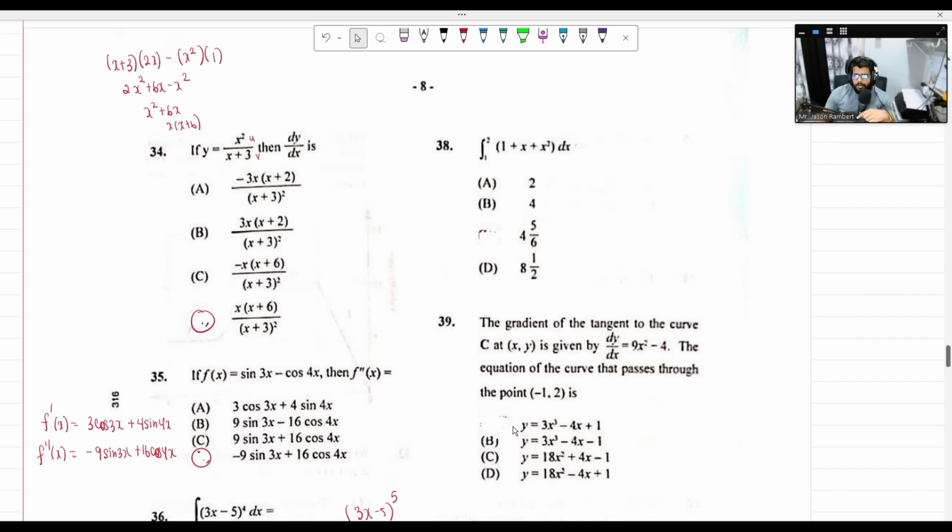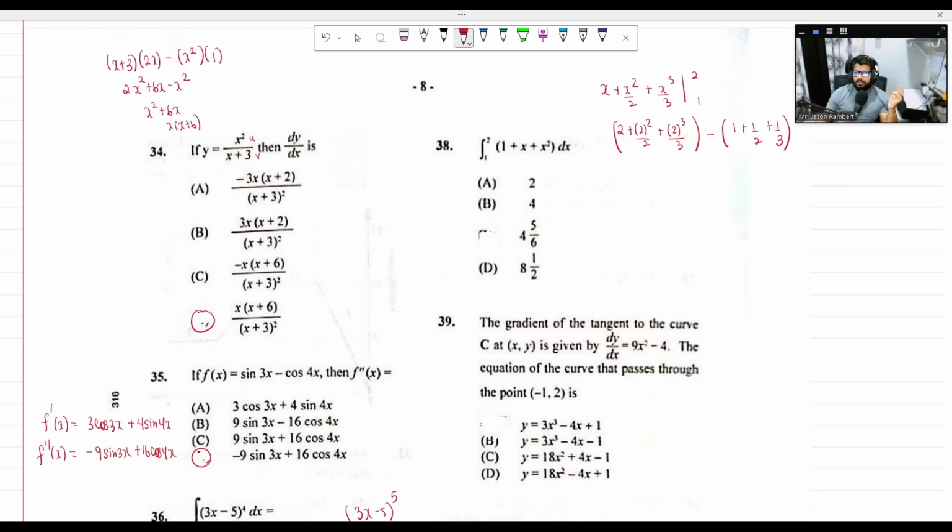This is x squared on the end here, right? Between 2 and 1. So when I integrate, I'll get x plus x squared over 2 plus x cubed over 3 between 2 and 1: 2 plus 2 squared over 2 plus 2 cubed over 3, take away 1 plus a half plus a third.